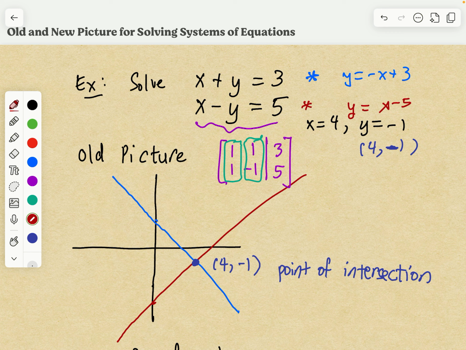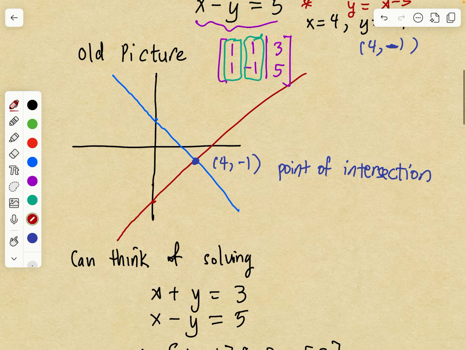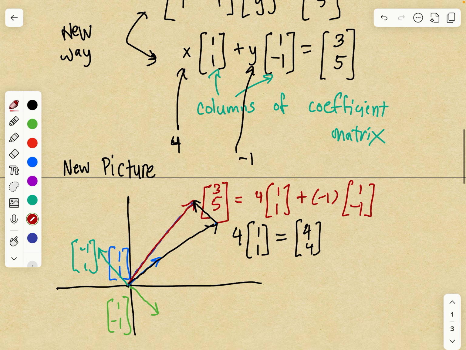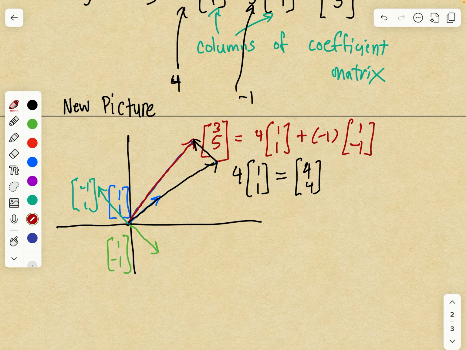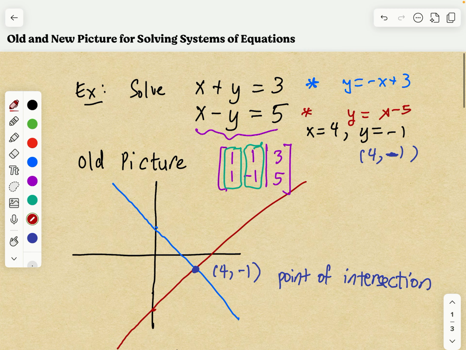The main advantage, I would say, is that you have columns to work with. And these columns give you a new way of thinking about what it means to solve a system of linear equations. It's what combination of the columns do I need to produce the output? The output is the vector here.